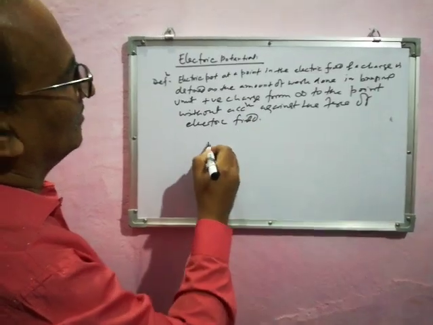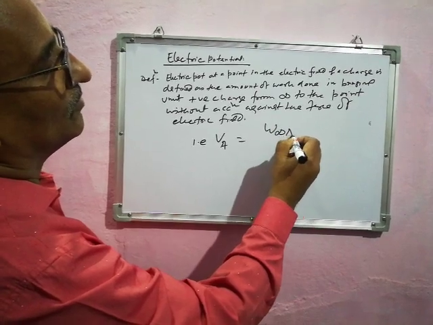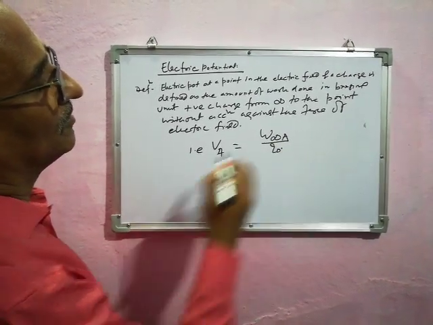That is, potential at a point A will be the work done from infinity to the point A by Q naught.